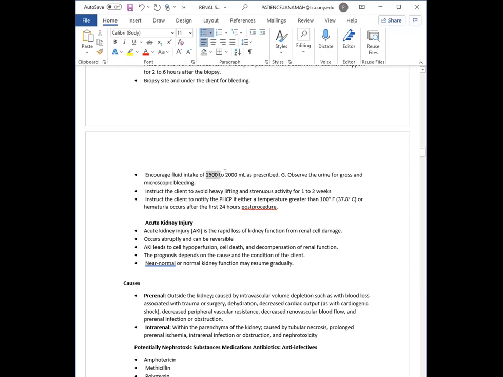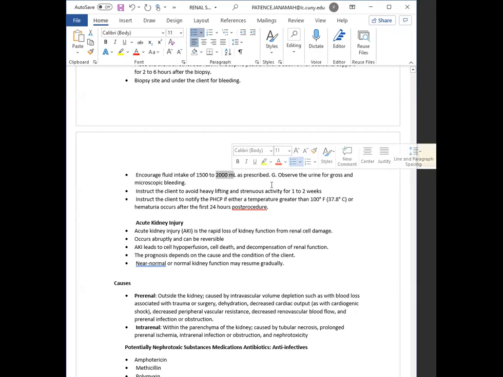I have already told you, most of the kidney procedures, they will want to know how much fluid. Don't choose any answer option that is less than 1 liter. Anytime they are encouraging fluid, it should be at least over 1 liter, and mostly 1.5 liters and above is recommended. 1.5 liters, 2 liters are all recommended. So 1000 cc or 1000 ml is equal to 1 liter.